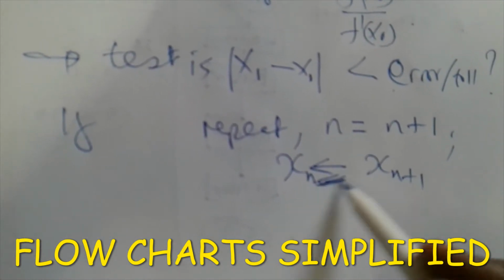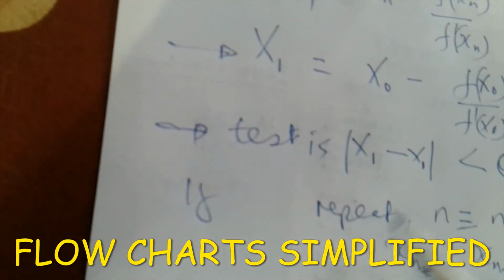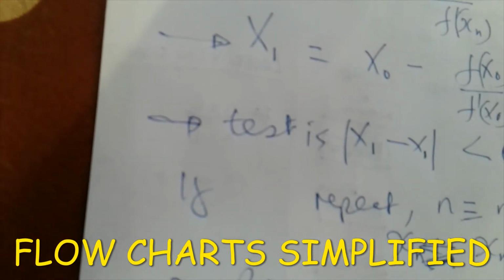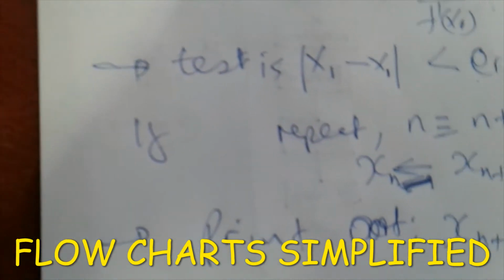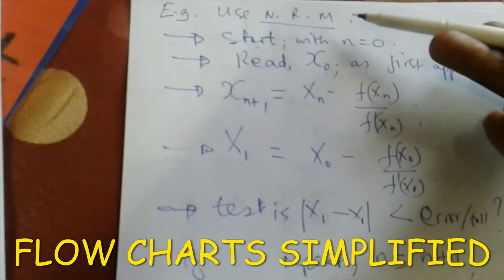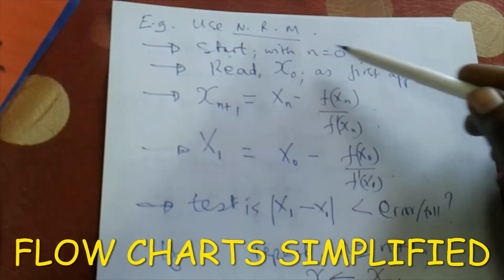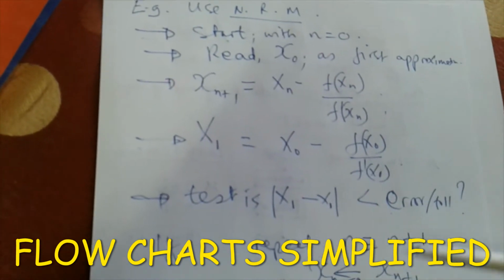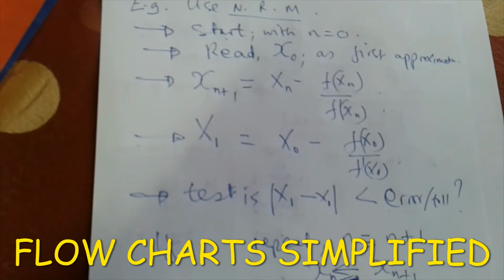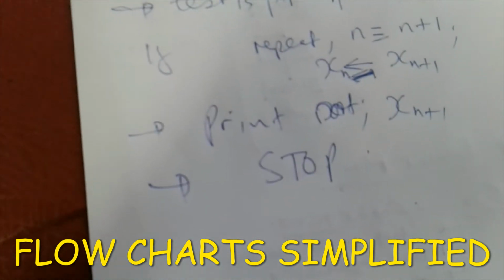We shall explain what these mean. And if the difference is less, then you print the root, it can be x n plus 1, then you stop the program. So these are the steps, and we call this an algorithm. Based on NRM, you start, read the formula, substitute, test, repeat if the difference is greater, and when the difference becomes less, print the root, then you stop.